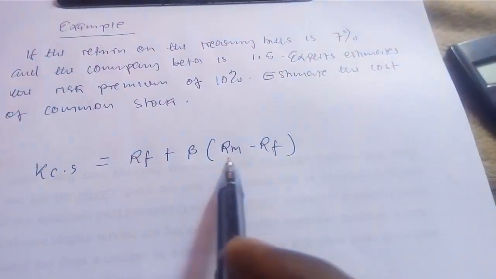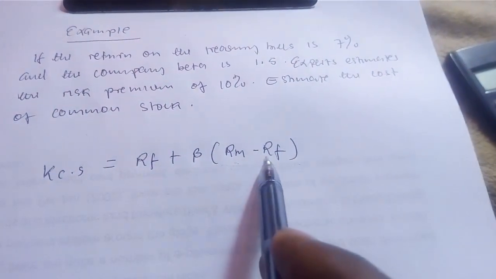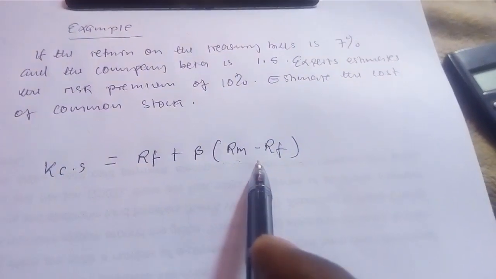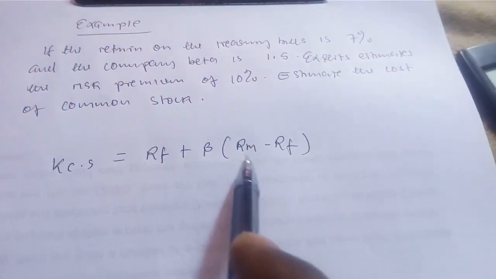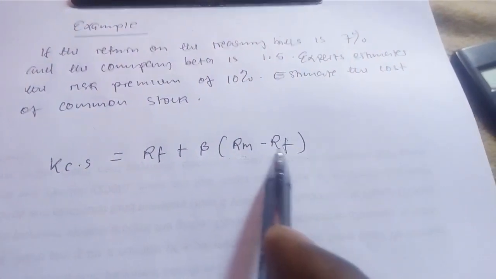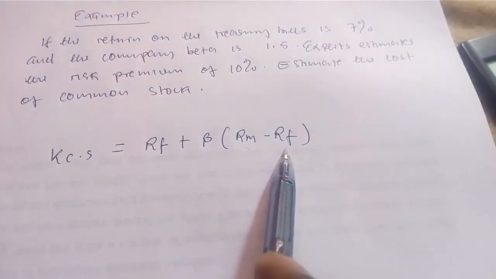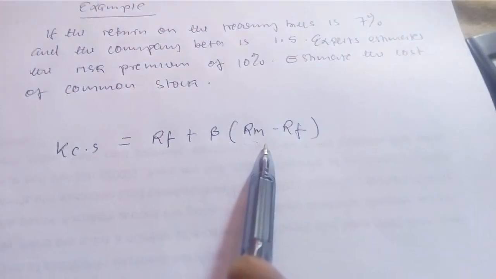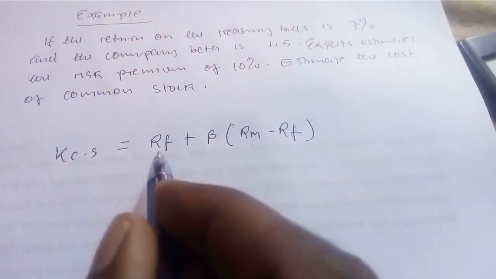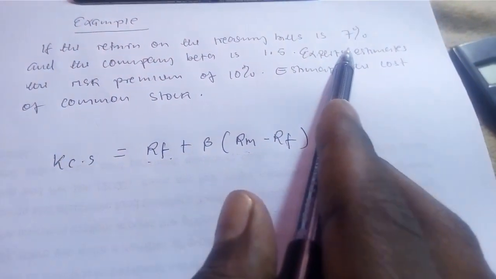This term here, expected return on the market minus risk-free rate, is what I've been emphasizing, that in most cases it won't be given individually. They would refer to it as the risk premium. So whenever you hear the risk premium, it means that RM minus RF has already been subtracted. We just don't have to go back and start questioning where is the RM and this and that. No. Our RF, according to the question, is the return on the treasury bill.